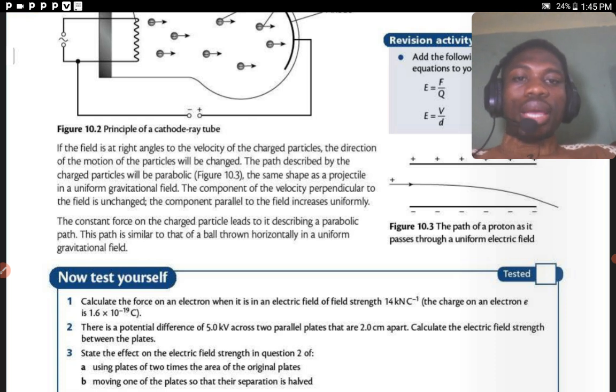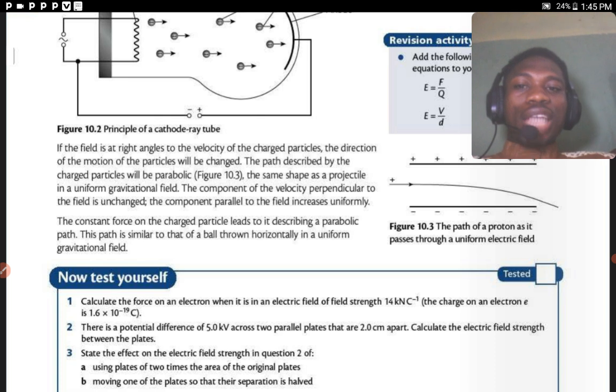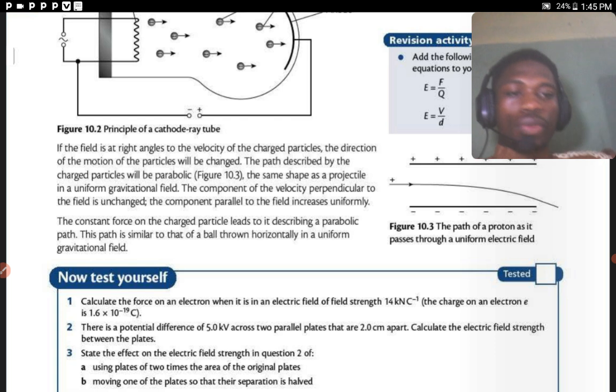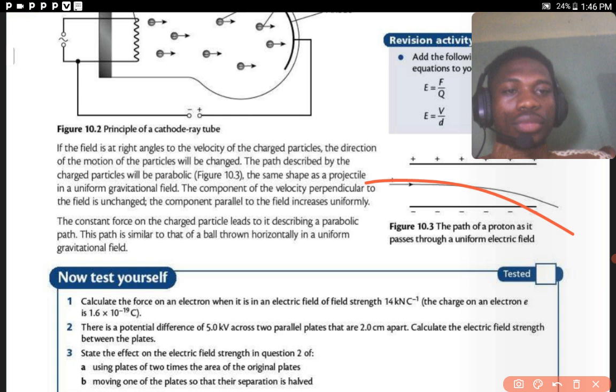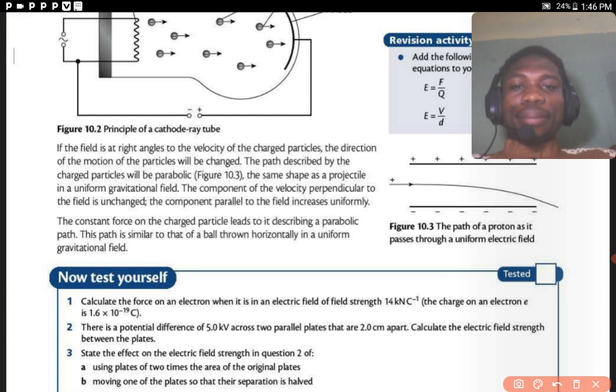The path described by the charged particle will be parabolic. That means it will be like a parabola. You can see that in figure 10.3. It takes the shape of a parabola, the same shape as a projectile in a uniform gravitational field.